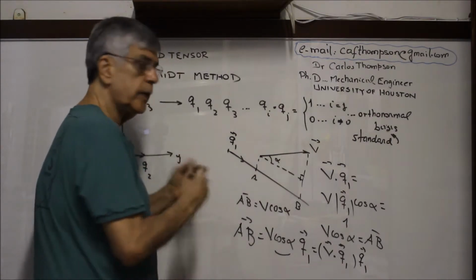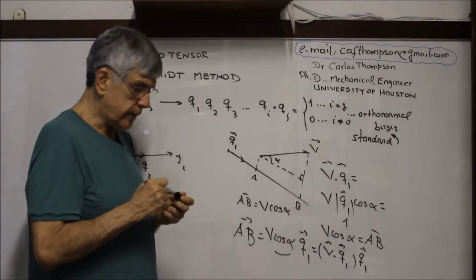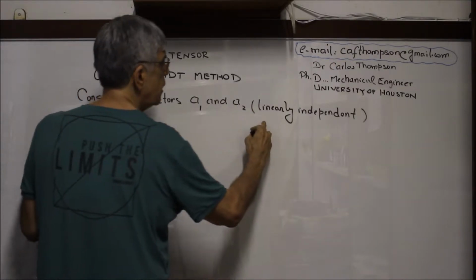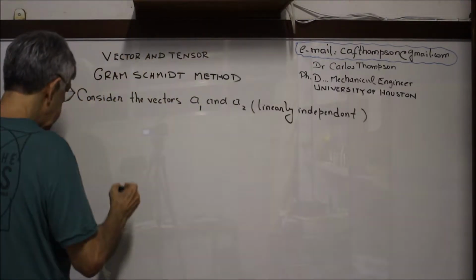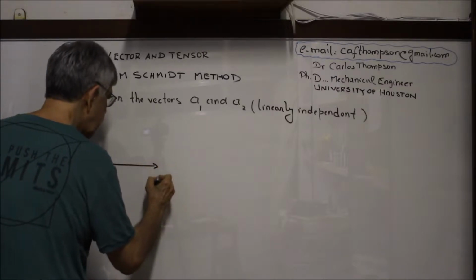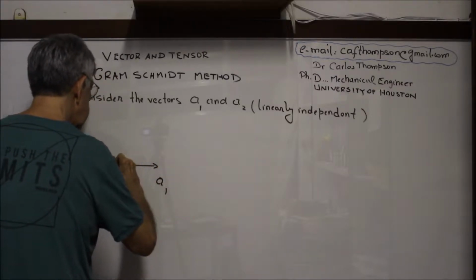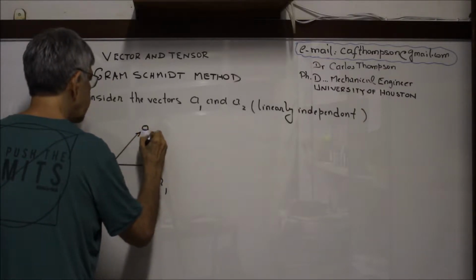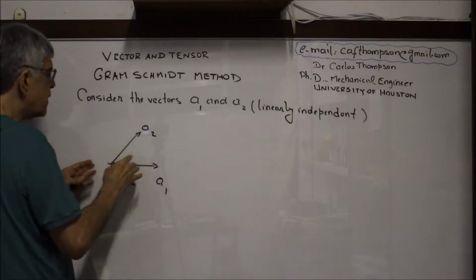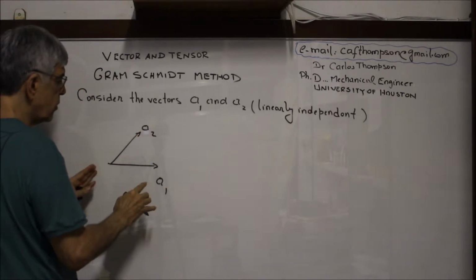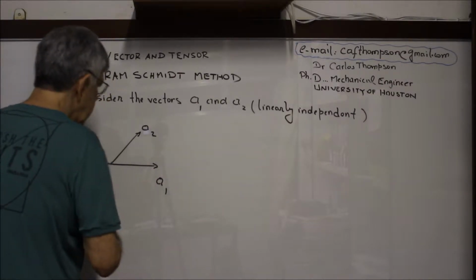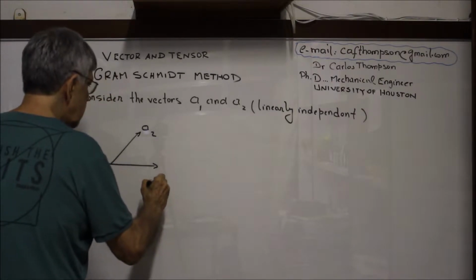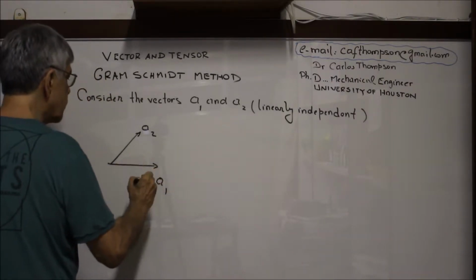Then we can go one step ahead. Consider the vectors A1 and A2. Obviously, they are linearly independent. Here I have vector A1 and here vector A2. As I said before, I will not use the arrow. Now, I will do as follows. A1 is not a unit vector.